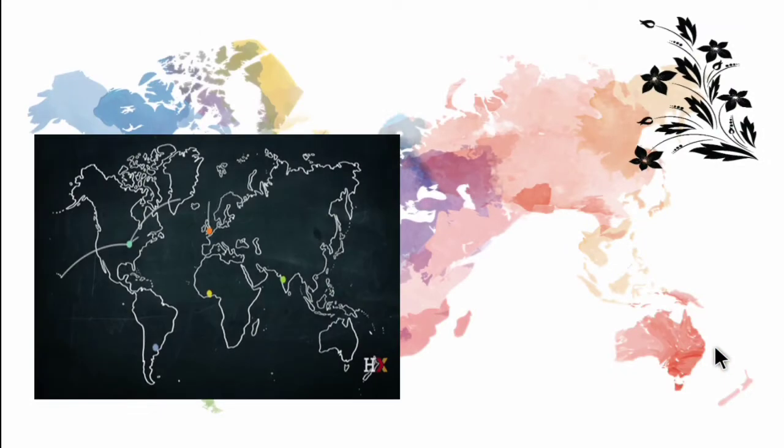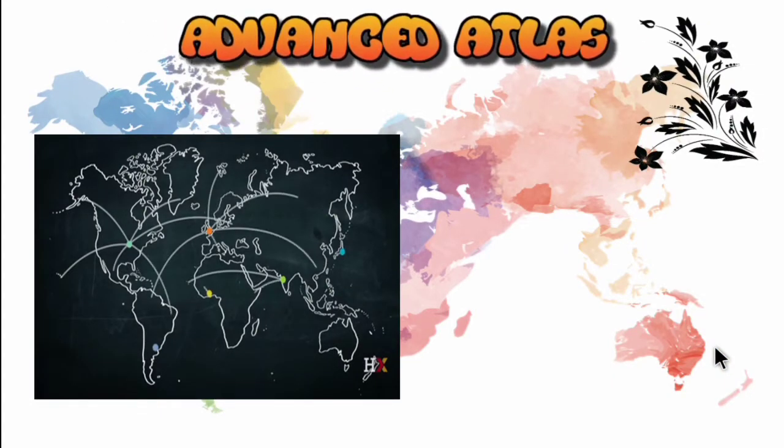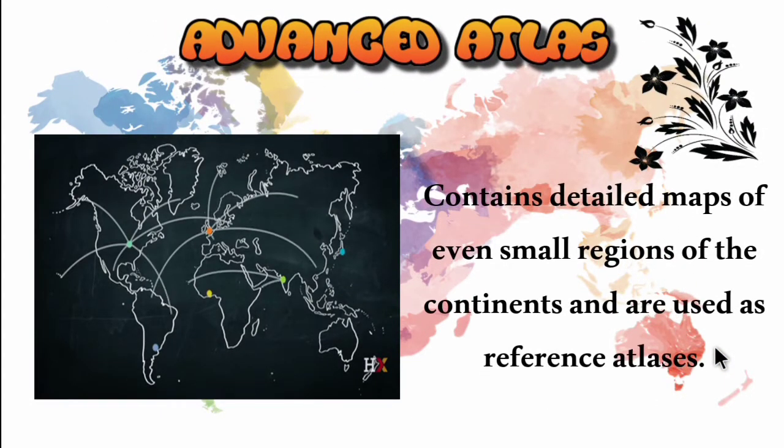The next type of atlas is advanced atlas. Advanced atlas contains detailed maps of even small regions of the continents and is used as a reference atlas. So advanced atlas provides several details about small regions. It provides detailed maps of even small regions of the continent.